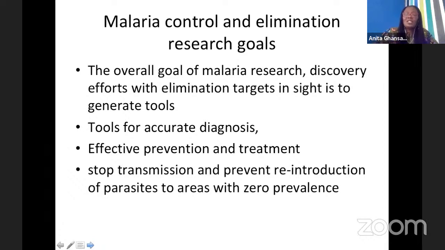How can you pick such a low infection in a few people, and how effectively can we prevent and treat the disease? And also, if there is a reintroduction of the parasite in a population where this parasite has already been eliminated, we can quickly localize this infection and then deal with it.